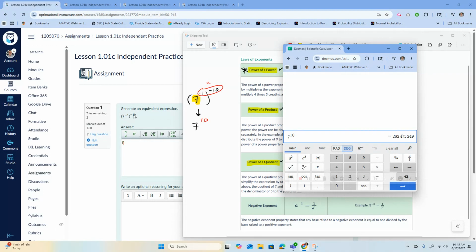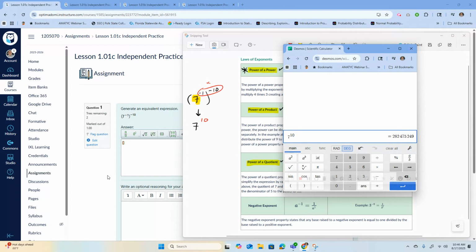The only thing they're asking you here is to generate an equivalent expression. In other words, rewrite the problem in another way, not simplified, such that both expressions are exactly the same. So, final answer for problem number one: 7 to the 10th power.